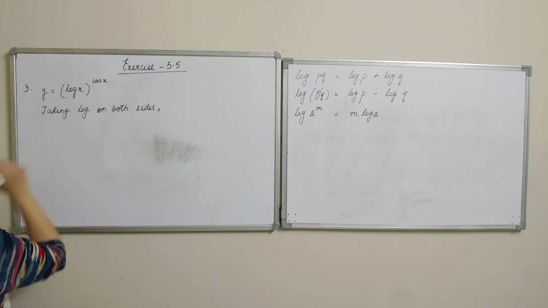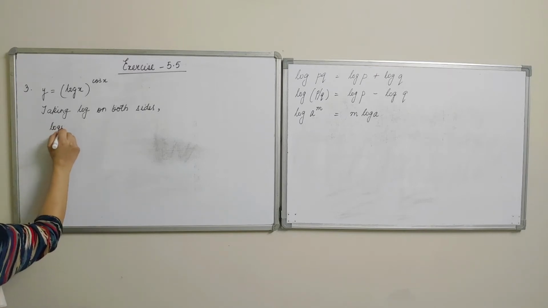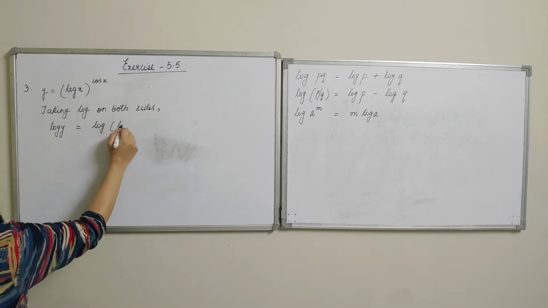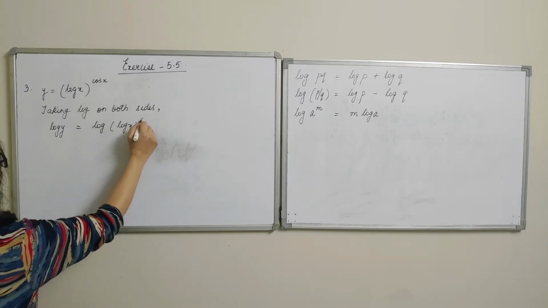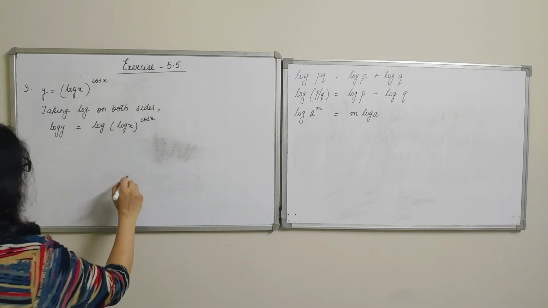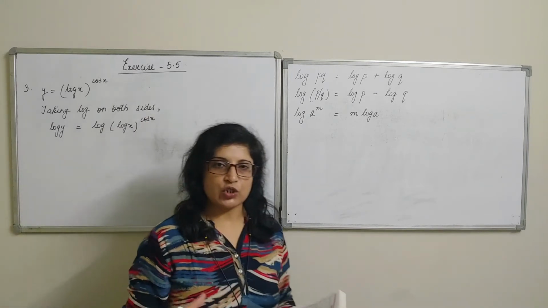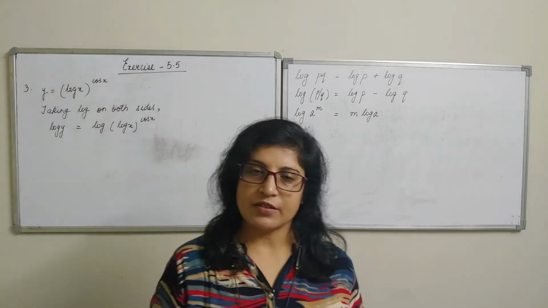So left side is log y and on the right side it is log of (log x) power cos x. Now here, before we differentiate, we have to ensure that the function on the right hand side is in the simplest form.